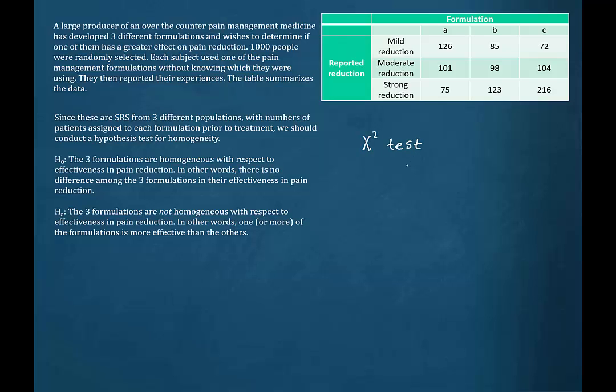And we remember that the chi-square test formula looks like this. We're going to add up a bunch of terms, and those terms are going to consist of the difference between the observed and expected values, and then squared, and then divided by the expected values.